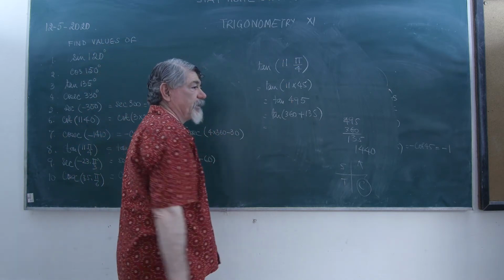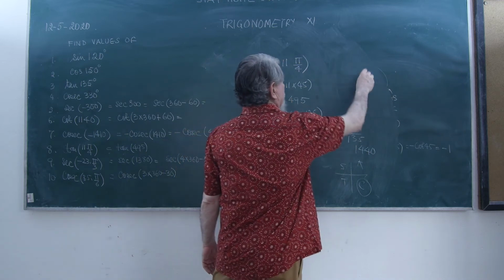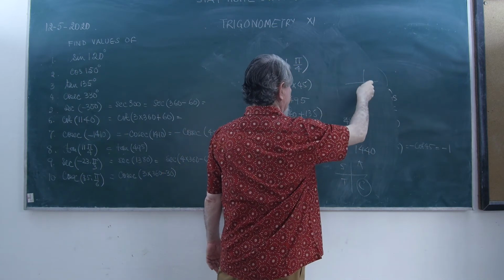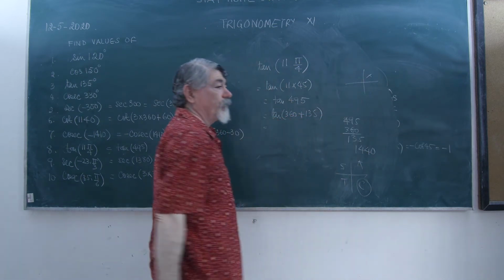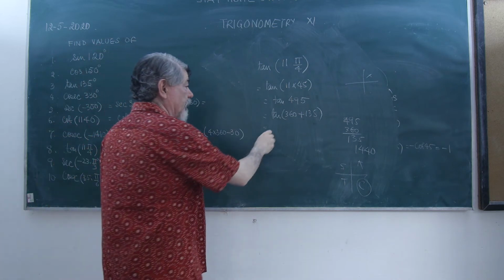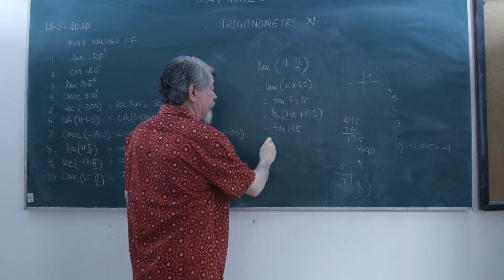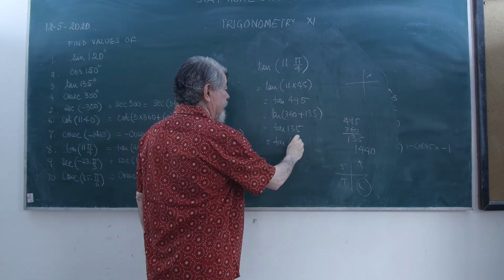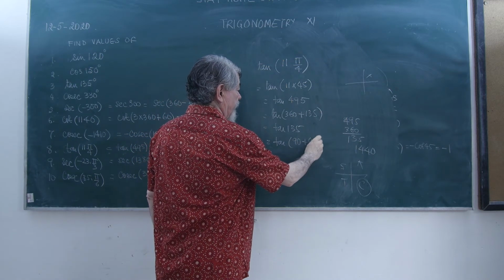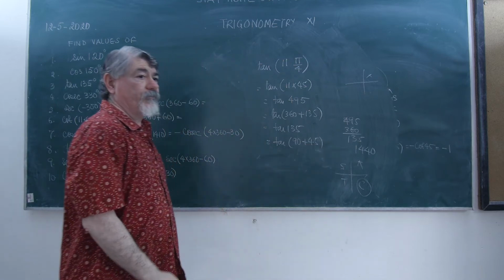Tan 360 plus theta, it will fall in what? Tan 360 plus 135, it will fall in the first quadrant, so it will remain tan 135. And tan 135 is tan of 90 plus 45.